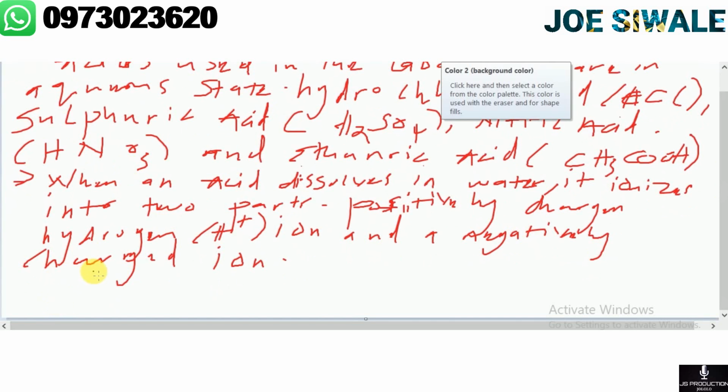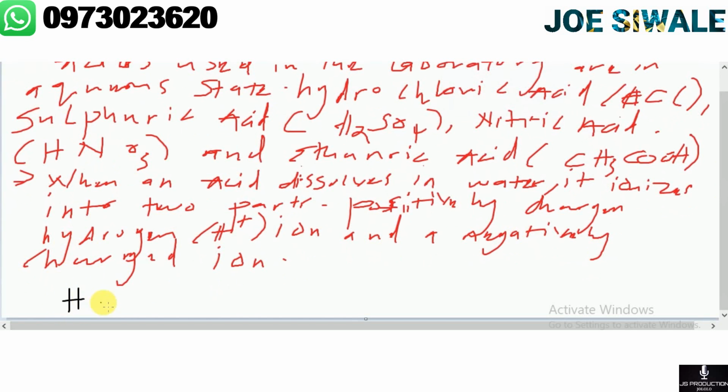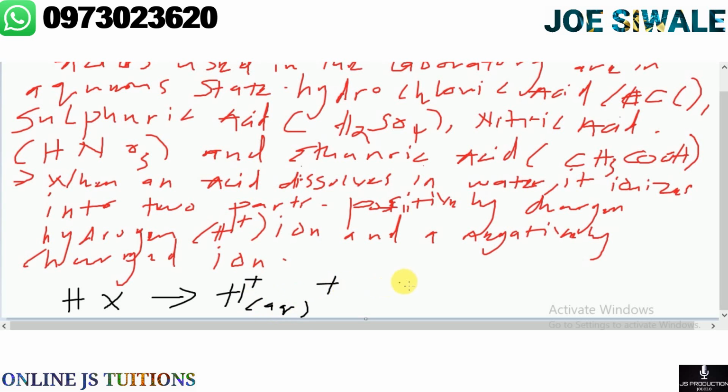We'll write it in this form: HX is equal to, so this will give a hydrogen ion which is in aqueous form, plus another negatively charged ion which is in aqueous form. So this is the general equation that you need to know.